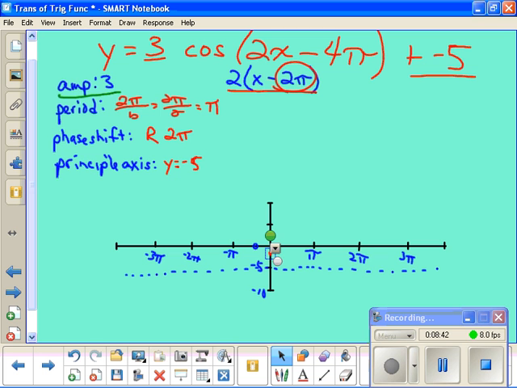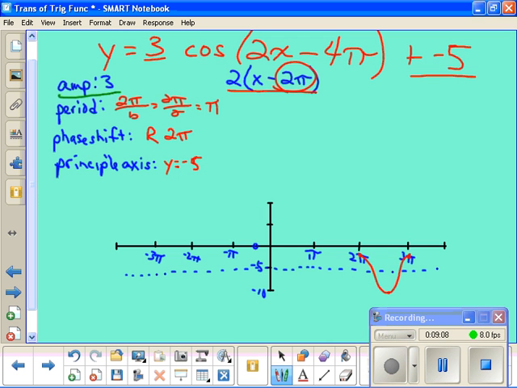So I'm going to take that little red dot, and I'm going to move it over here 2 pi to the right. And it has to make a perfect full cycle in 1 pi. So it needs to go all the way down to its minimum of -8 and back to -2 in 1 full cycle. So it's going to go down and back up in 1 full cycle.